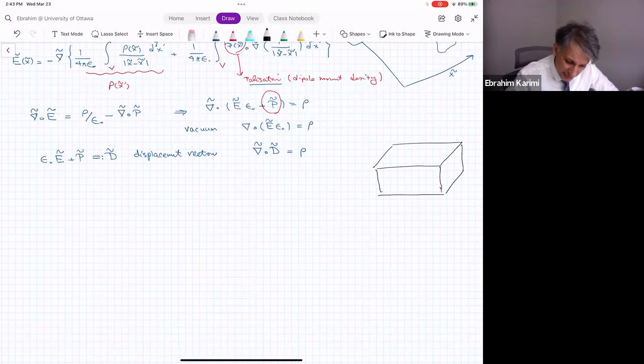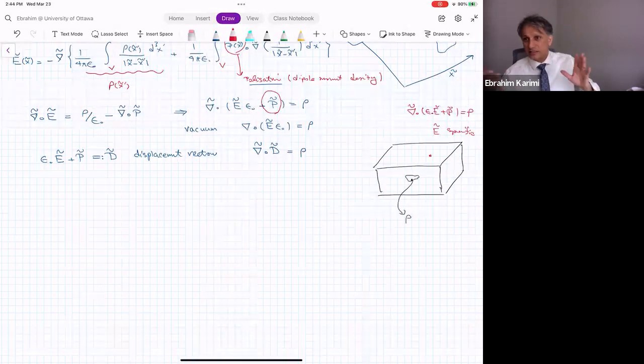If you place a charge distribution rho inside of this material, then the electric field at any given place here is given by a specific expression, which means that the divergence of epsilon 0 E plus P is equal to rho. And you have to solve this equation.